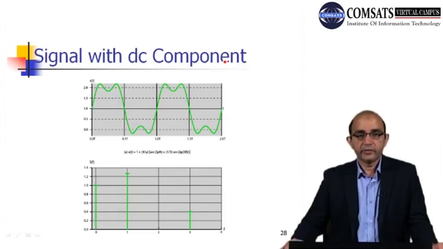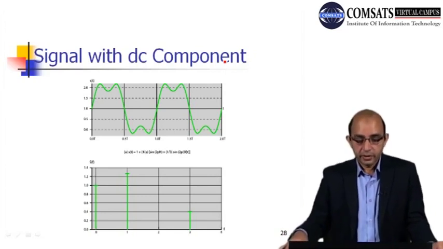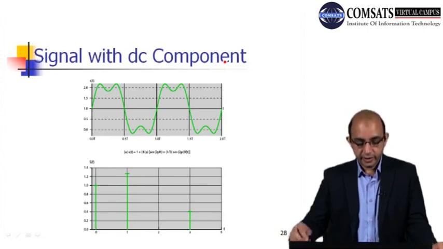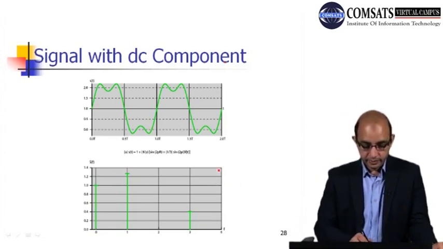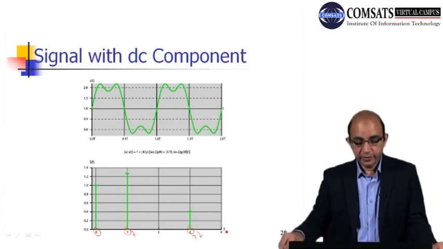Here we have shown a signal with a DC component, because before we had not shown any signal having a DC component, or an amplitude at 0 frequency. Here you can see the DC component, then the fundamental frequency, and then the integer multiples f, 3f, and so forth.